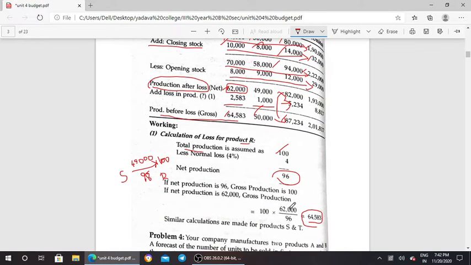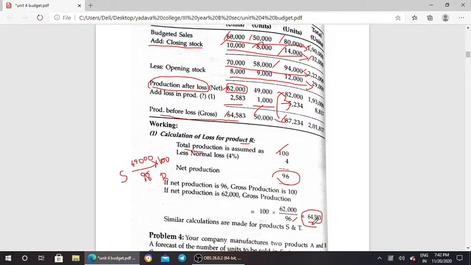We divide R's 62,000 by 96 into 100, and get 64,583. The difference is the loss of production: 2,583 for R, 1,000 for S, 5,234 for T. So this is one method to calculate how the normal loss is calculated.